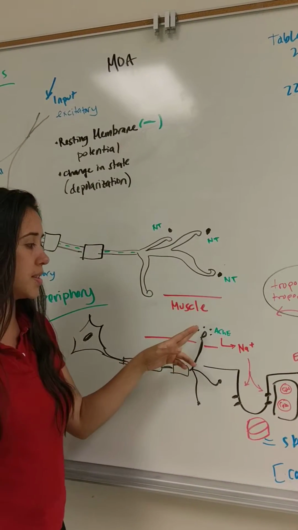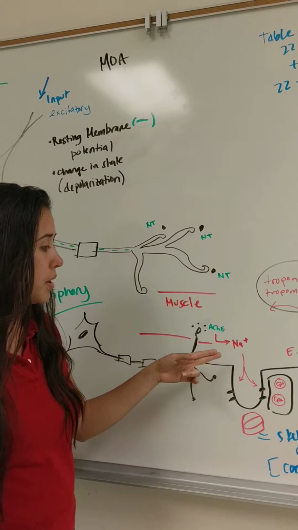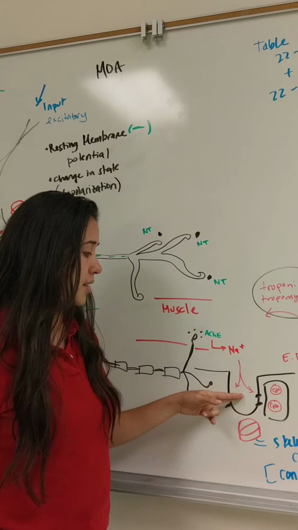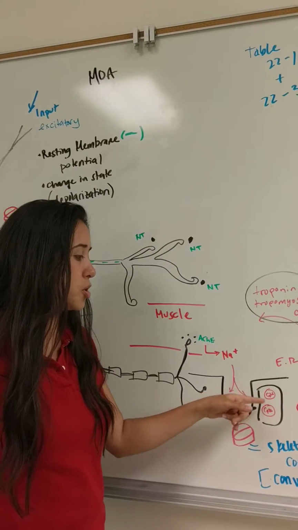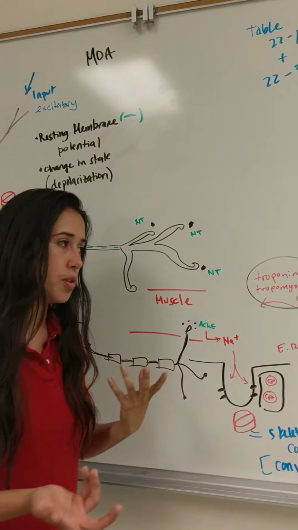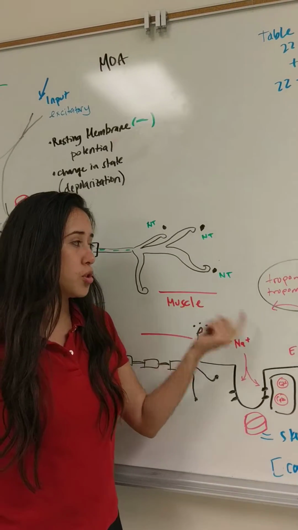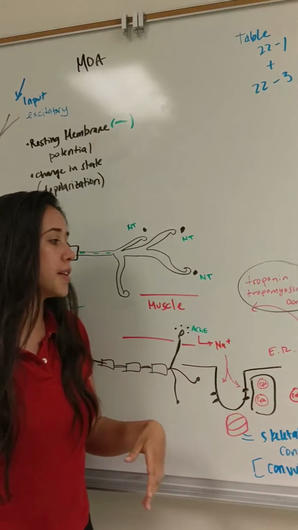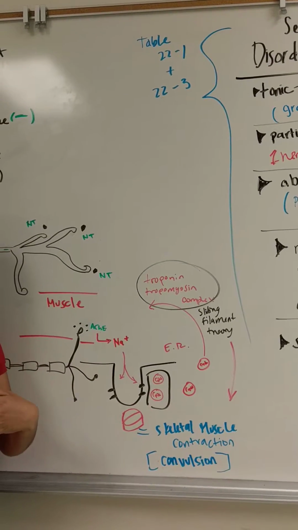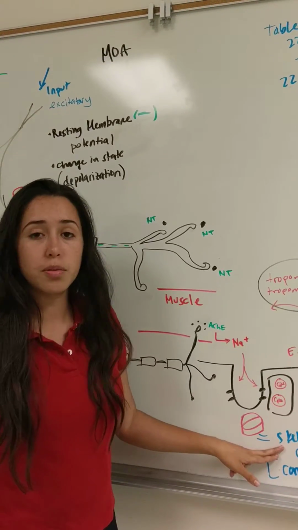Once acetylcholine binds to receptors, it causes a sodium influx, and that unlocks channels that cause calcium to be released from the endoplasmic reticulum. And of course, I think you've learned this already from physiology, that it binds to the troponin-tropomyosin complex, and in the sliding filament mechanism, the actin and myosin heads contract, and that causes your skeletal muscle to contract.